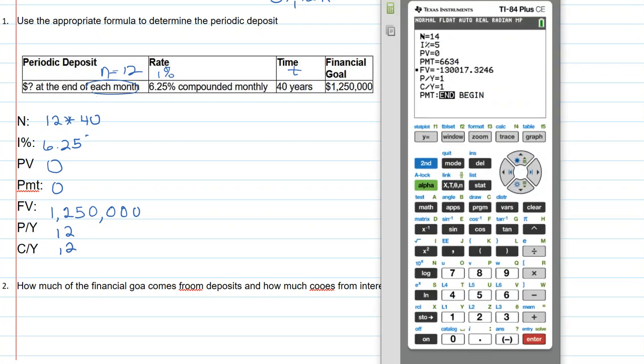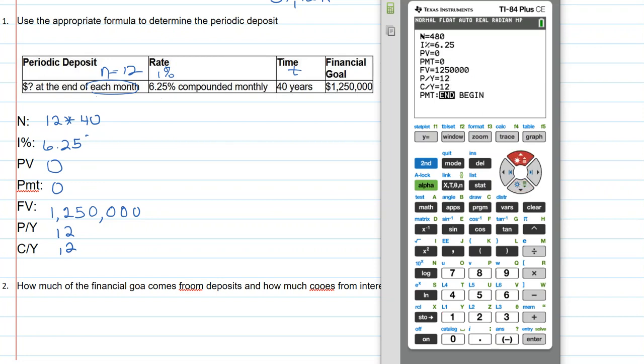All right. So let's bring out our calculator. We're going to come up here, and we're going to enter 12 times 40. 6.25, 0. 1,250,000. 1, 12.